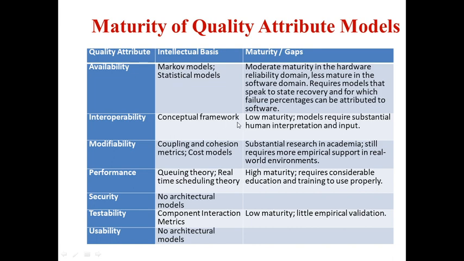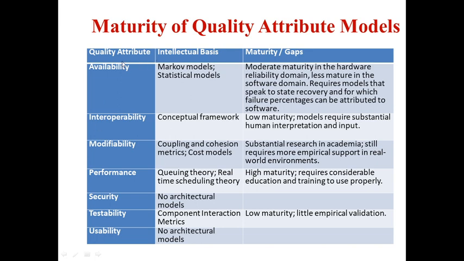Next, conceptual framework, it will be with low maturity like that. For modifiability, we will be using coupling and cohesion metrics and cost models. So there will be substantial research in academia. Still, it requires more empirical support in real-world environments.